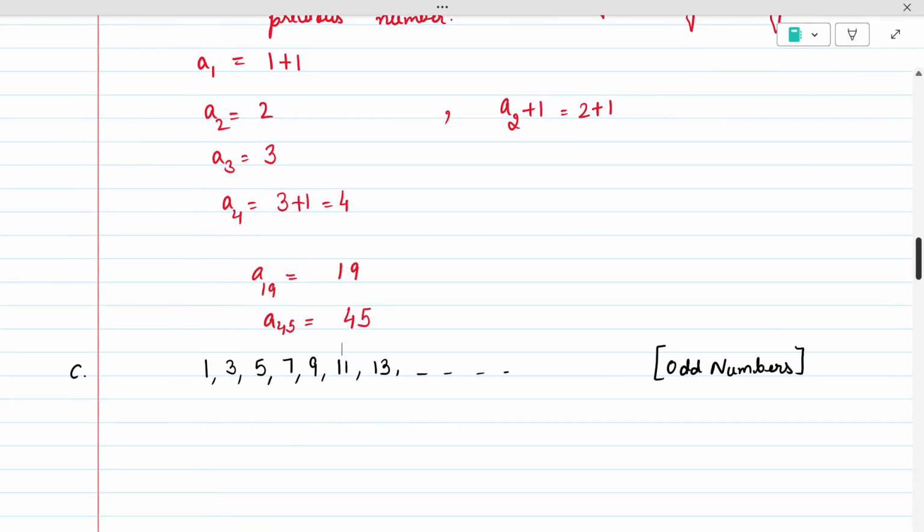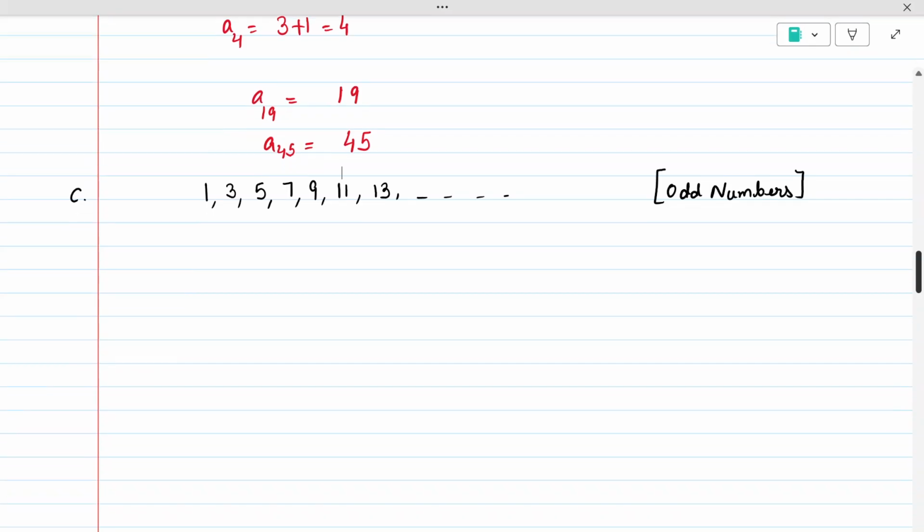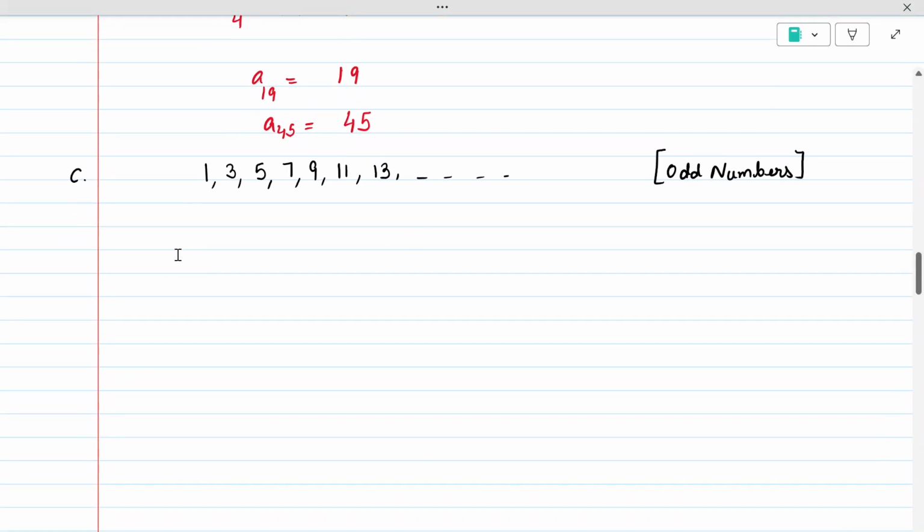Next, we have odd numbers. So kids, I'm sure we know what is an odd number. Odd numbers are the numbers which start with 1 and we add 2 to them. So the first number in the odd number sequence is 1. Then we add 2 to it, we get the next number 3.